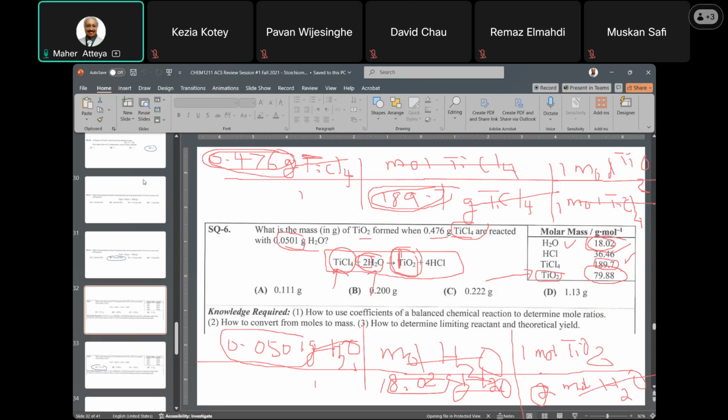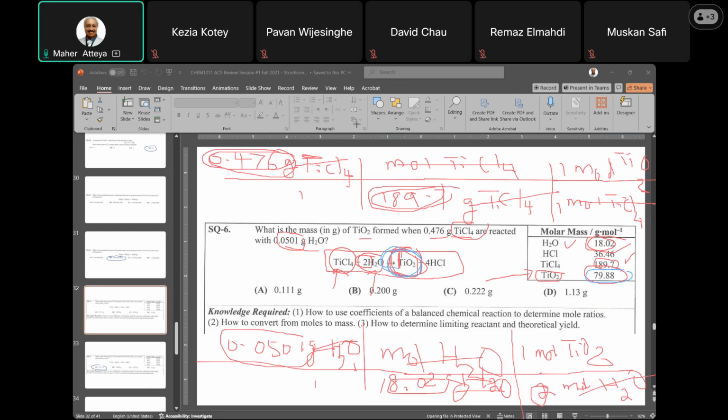Then multiply the least number by its molar mass to get the number of grams. So which one is limiting?